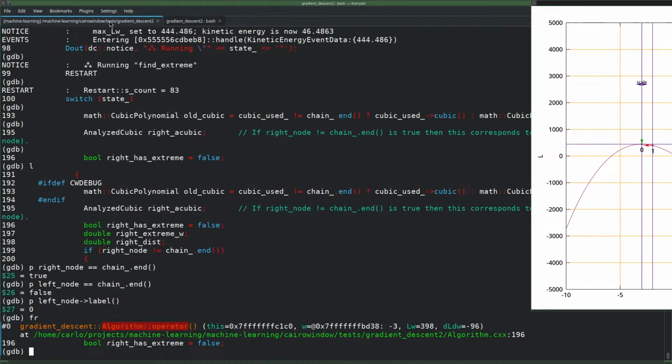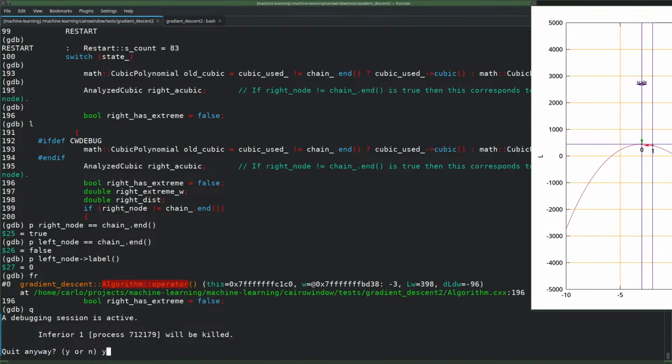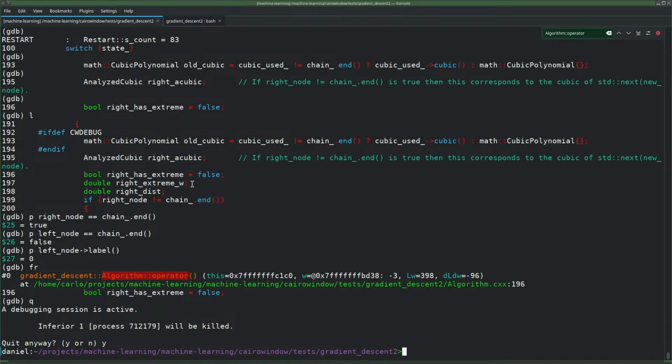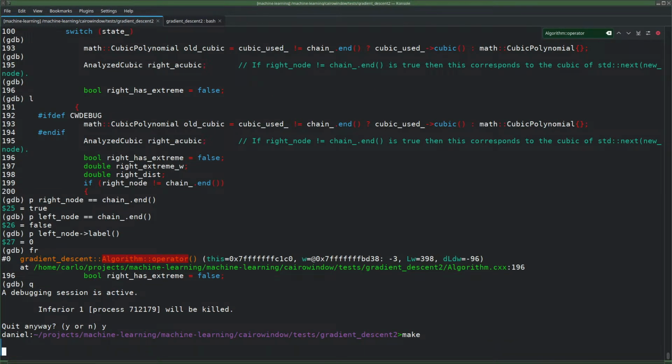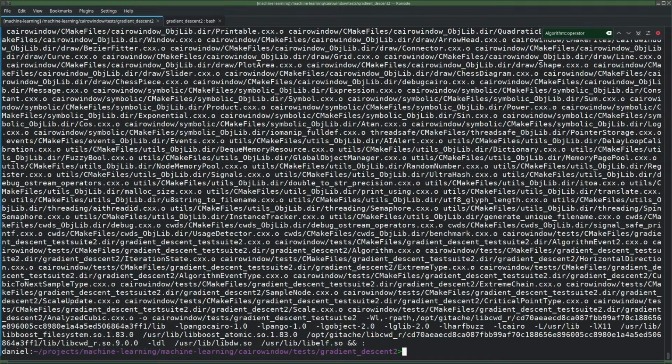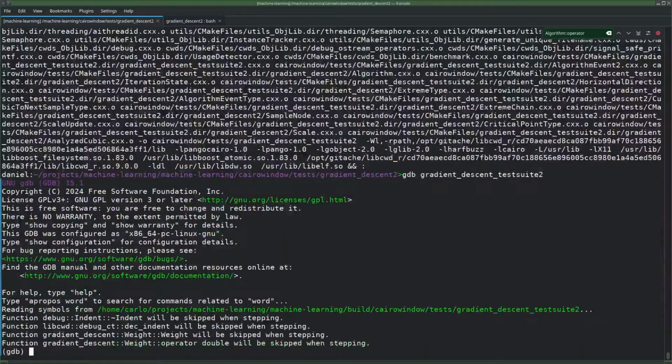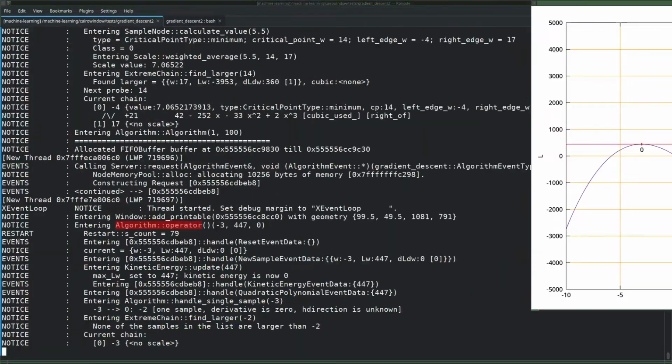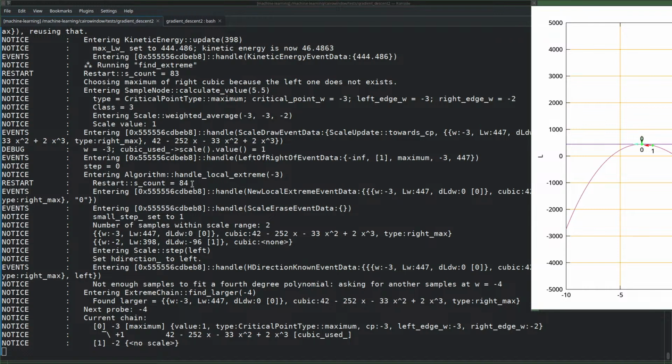What else already? There, okay. Just let me make it. Yeah, doesn't crash anymore.